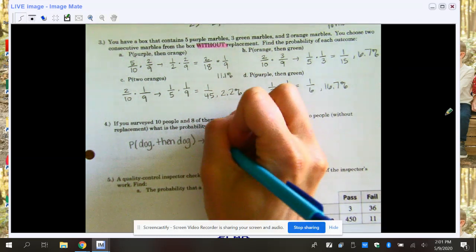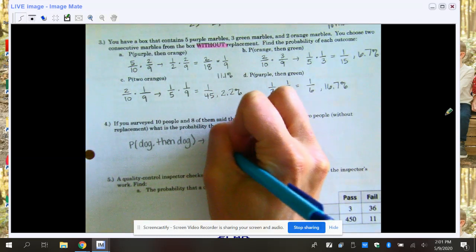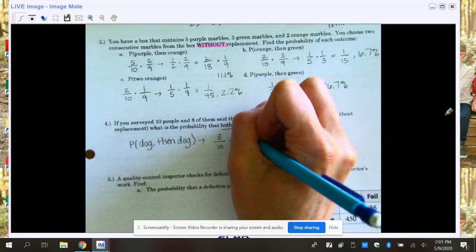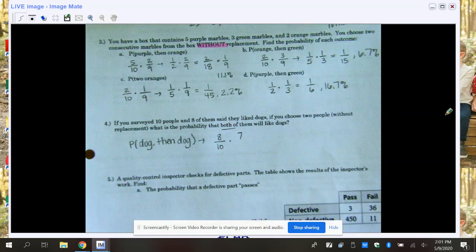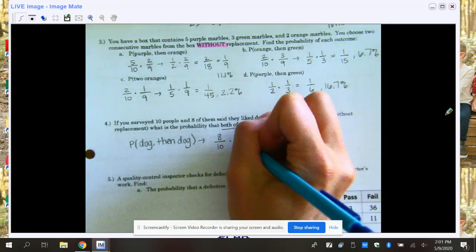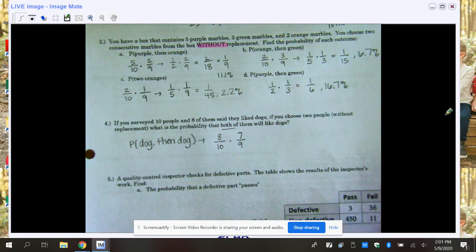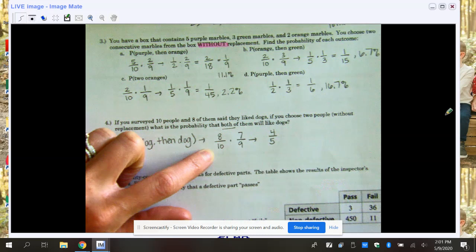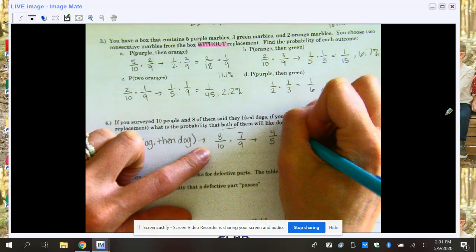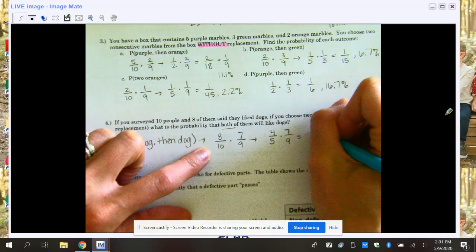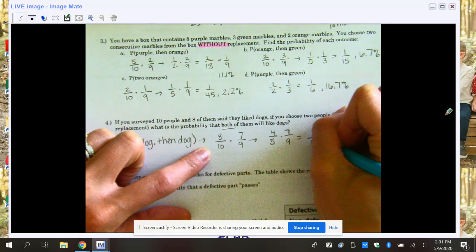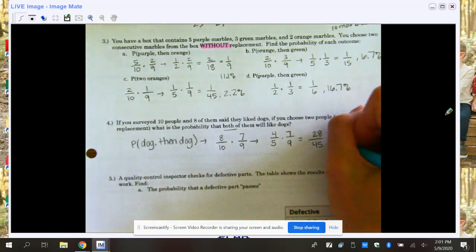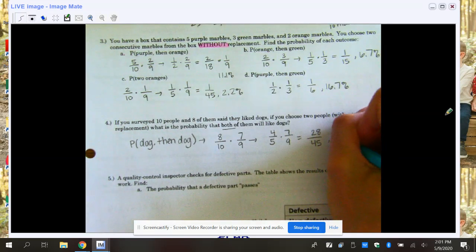All right, and so my first probability then would be 8 out of 10, right? 8 out of 10 people like dogs. But then for that second person, I'd only have 7 people left who like dogs out of 9 total. So 8 out of 10 is going to simplify to 4/5. And that's going to be 28 out of 45, which is going to be about 62.2%.